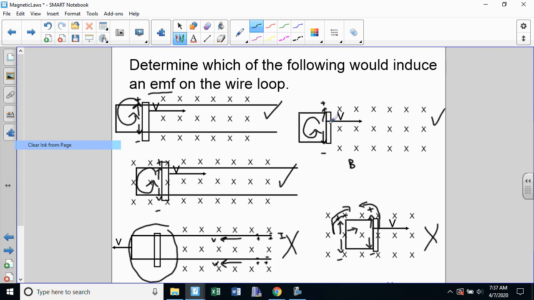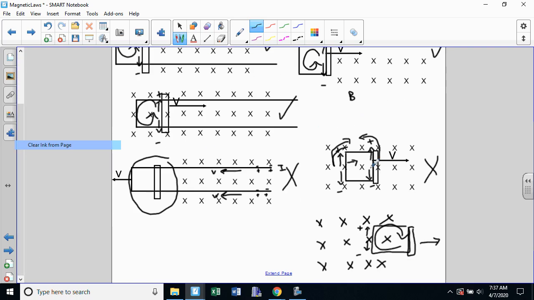I started out with no magnetic field lines in the loop. As I move to the right, I'm going to start picking up field lines and picking up field lines. But once I am fully immersed in the magnetic field, as I move to the right, the number of field lines that go through my loop is not changing. And that's why I'm not seeing an induced EMF.